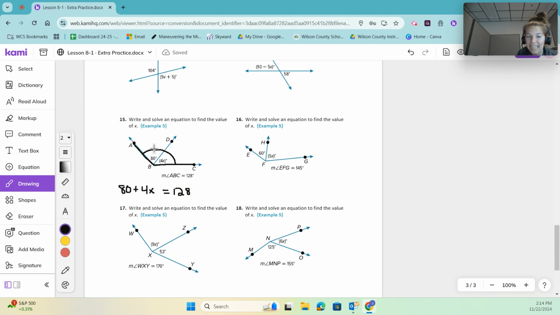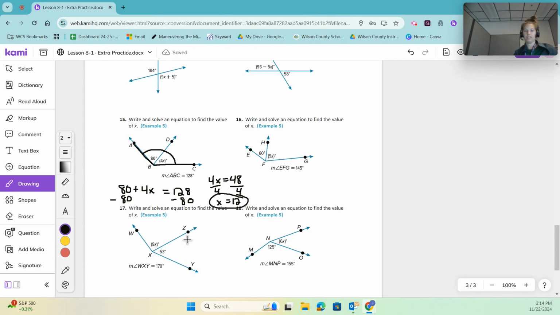So 80 plus 4x together equal 128. From here, we just solve like a two-step equation. Subtract 80 from both sides, and you are left with 4x equals 48. Divide by 4 on both sides. x equals 12. So the value of x is 12.